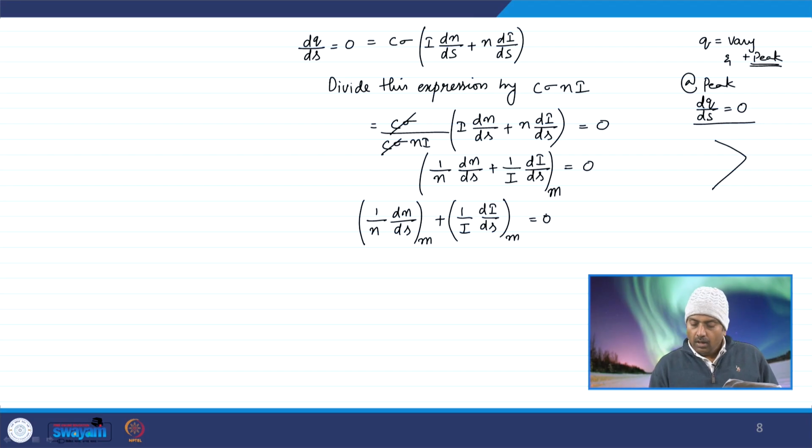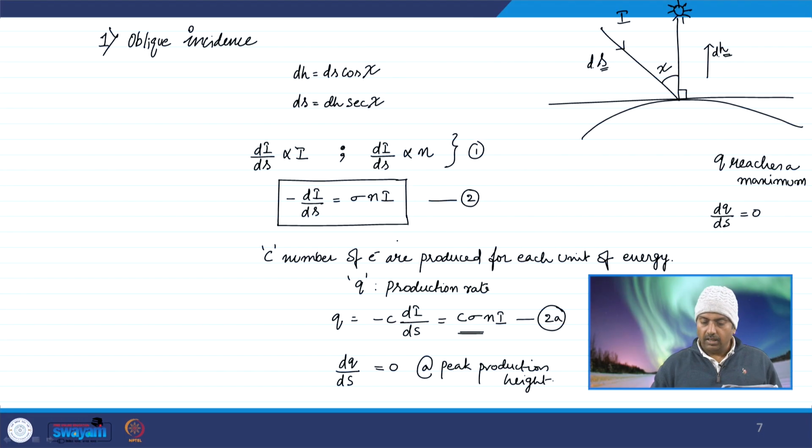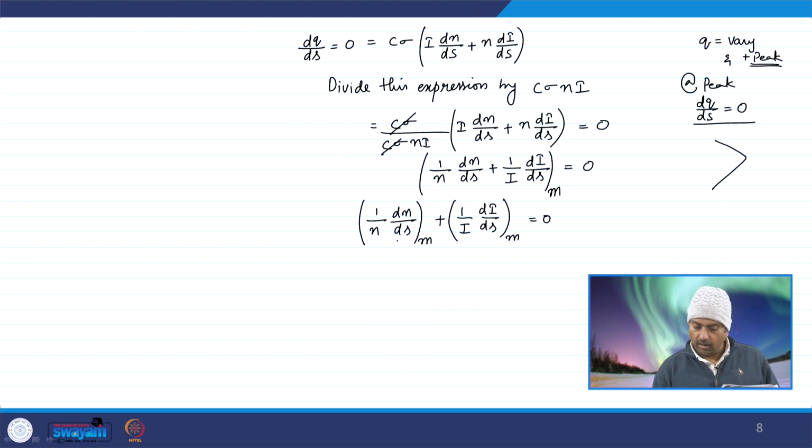Okay. Now, from the earlier figure, we have written ds is equal to dh secant chi. So, ds is equal to dh secant chi. So, I can write s is equal to h secant chi.